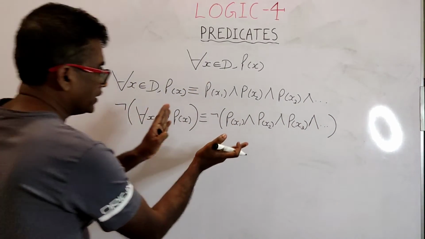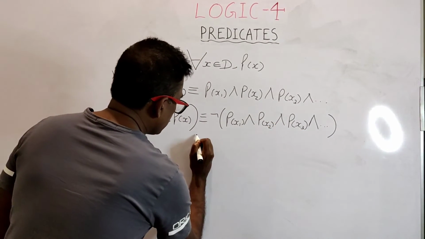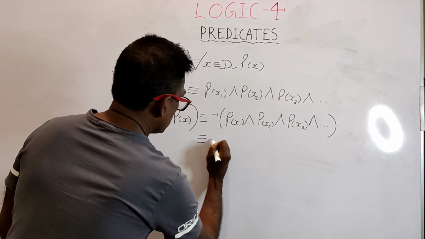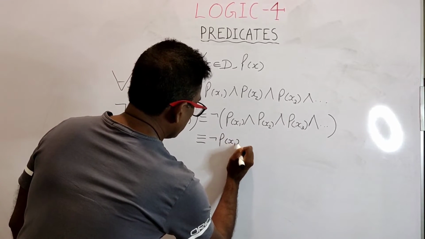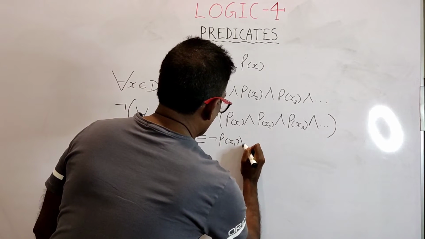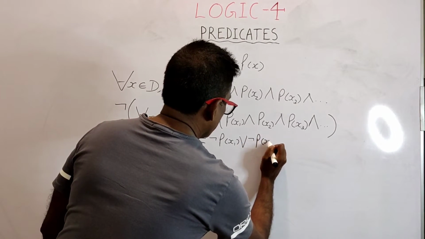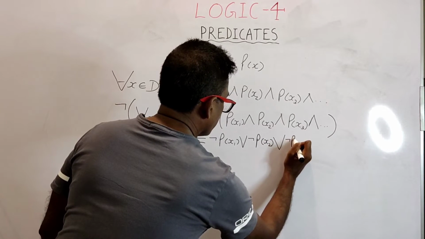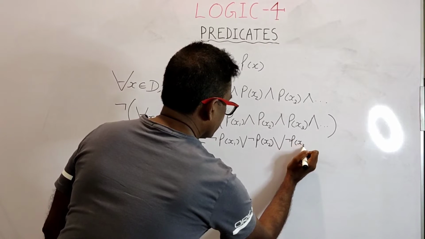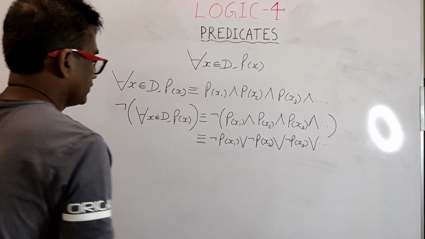Now from De Morgan equivalences we know that this is equivalent to negation of P(x1) or negation of P(x2) or negation of P(x3), and this would continue like that.